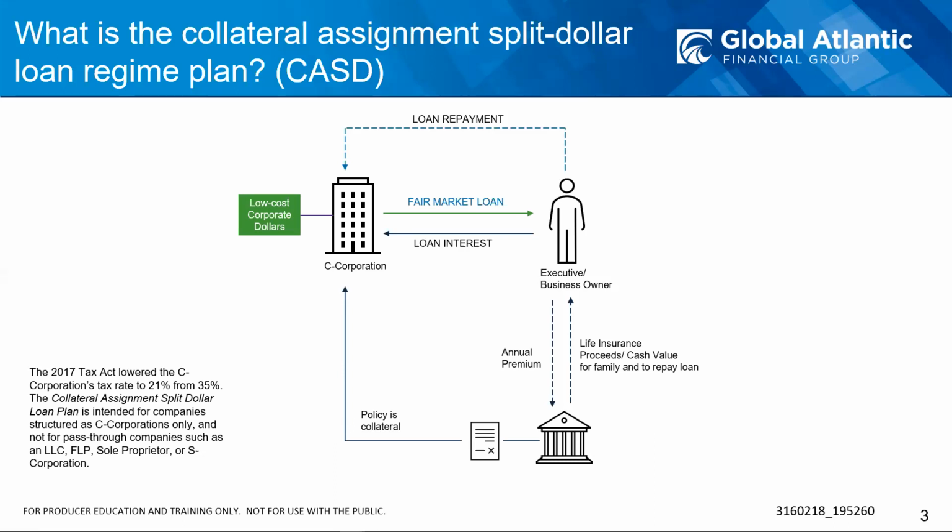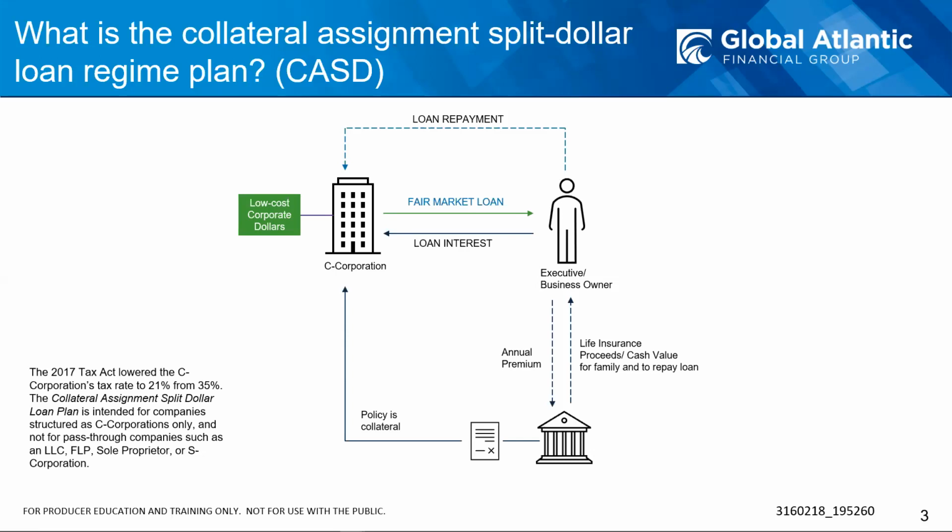Why that is so important today is really for two primary reasons. One, as you see on the bottom left of this slide, C corporations. If you're working with C corporation owners, the C corporation tax rate is 21%. Most of your individual clients are going to be at significantly higher rates than that.